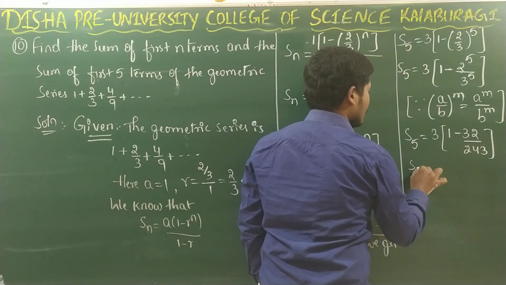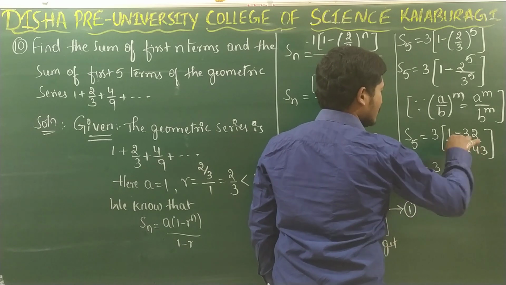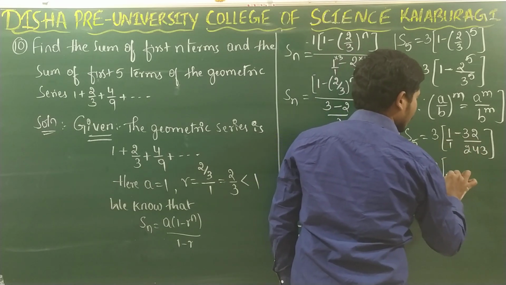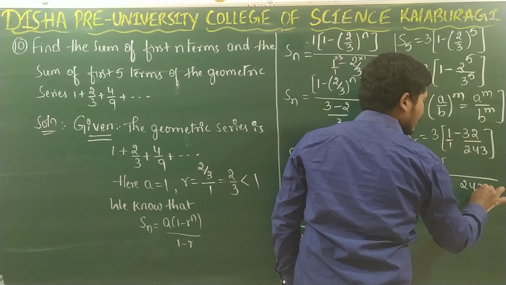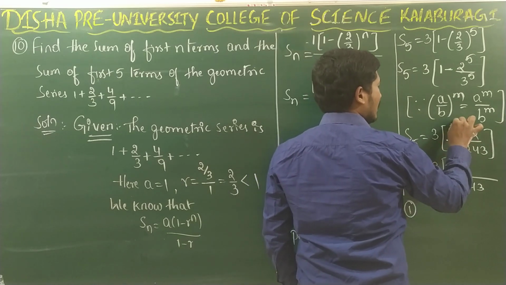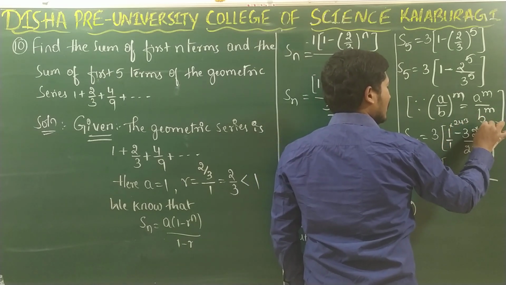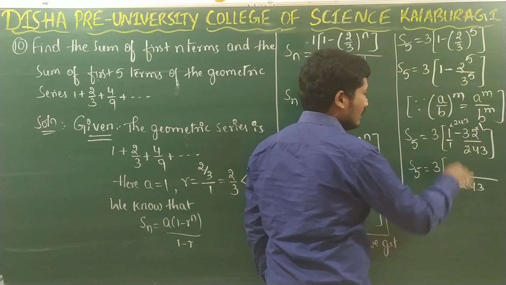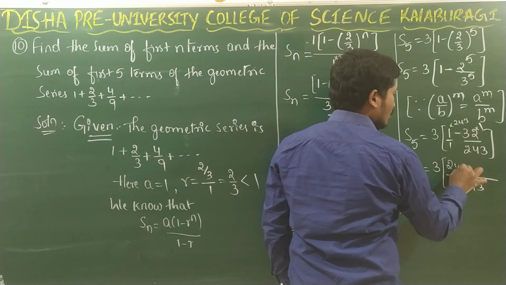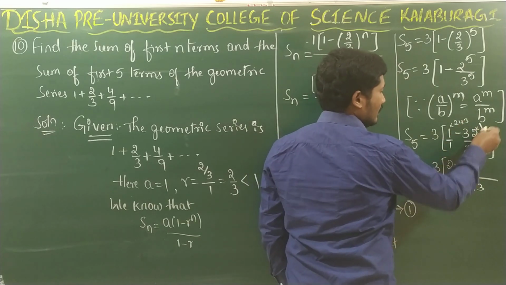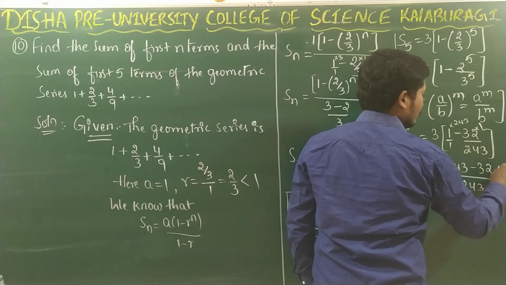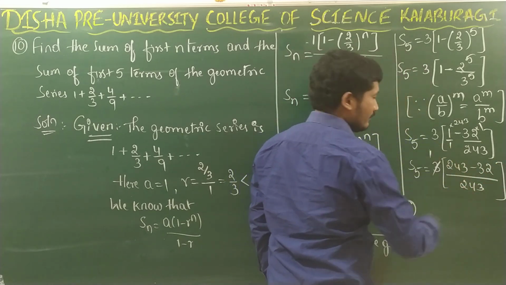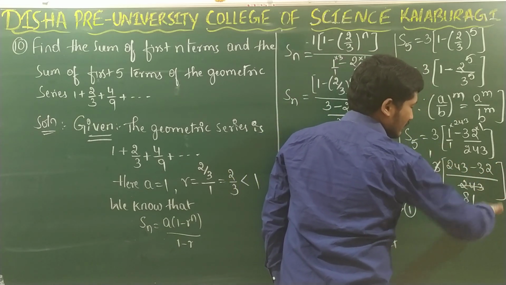Next, S5 is equal to 3 into, see this is 1 by 1. So, the LCM will be 243. So here I will multiply 243. Here I will multiply 1. So 1 into 243 is 243. 32 into 1 is 32. See here, 3 1s are 3, 8s are 24. 3 1s are 3.